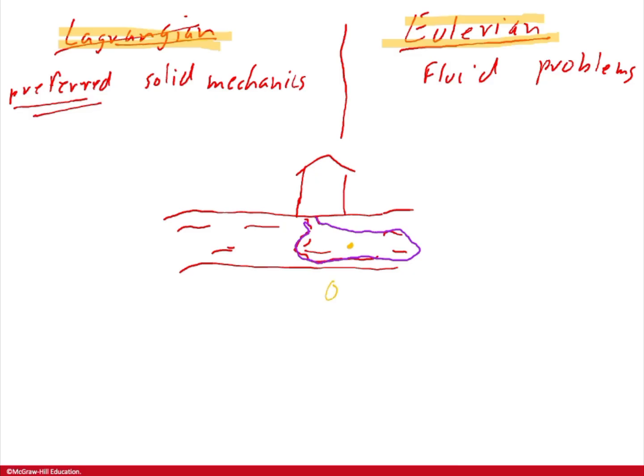You're a person sitting on the side of the river bank and you place a sensor here, and probably you have a rod connecting it, right? And that sensor measures the concentration with respect to time. But in this case, your location is fixed.